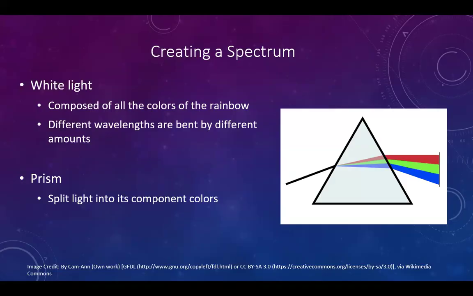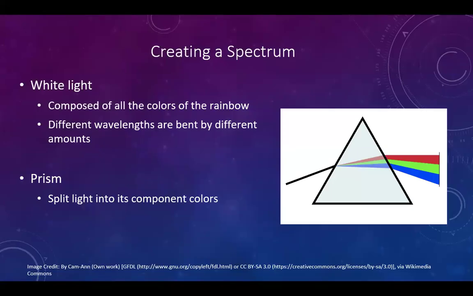If you run it through something that separates them, like a prism, different wavelengths will be bent by different amounts, and that will split light into its component colors. Something very similar is happening when you see a rainbow. Different colors of light are bent by different amounts in raindrops, and that causes the colors to separate, and so you see a rainbow.